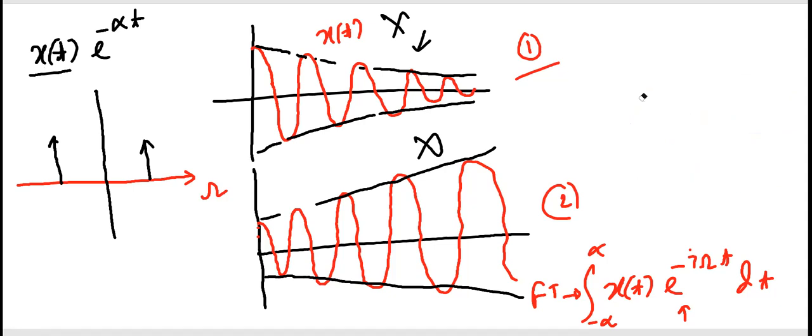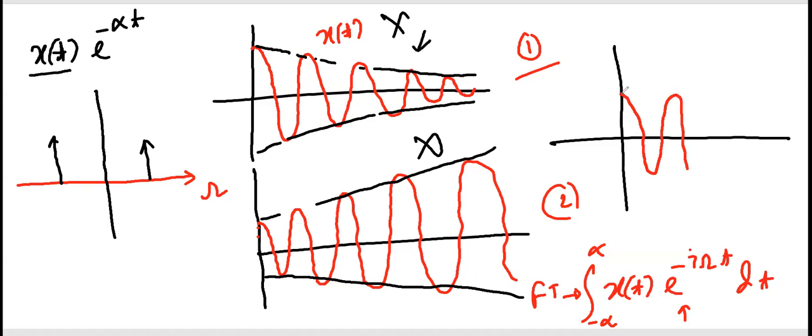Let's say you have a sinusoidal signal like this, which is a purely oscillating signal without any damping, and that is our x(t). Now what we are doing, we are multiplying this by e to the power minus alpha t.